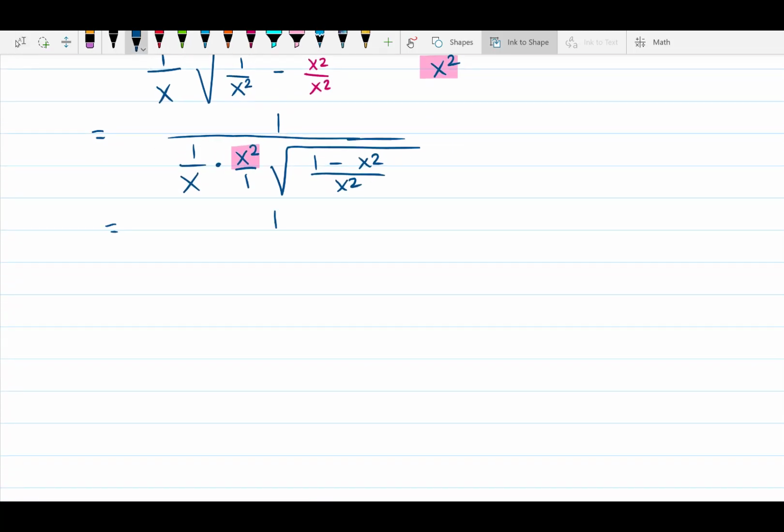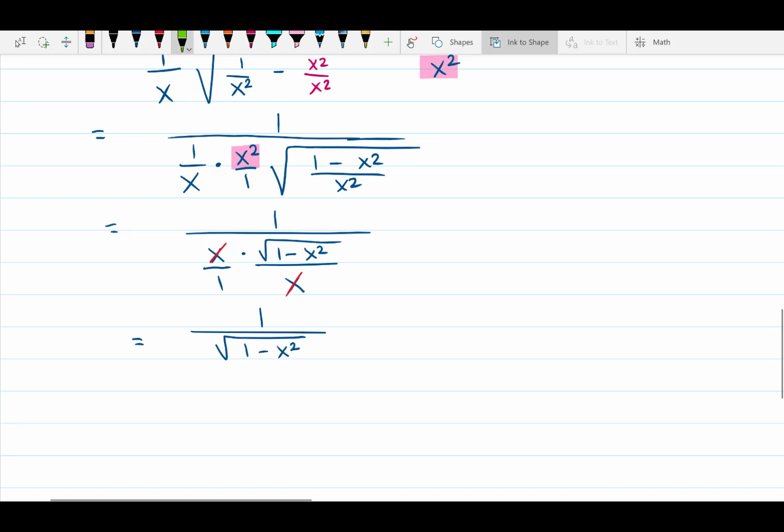So we get 1 divided by x times the square root of 1 minus x squared divided by x. So from here, we're going to notice that these are going to cancel, and we get 1 divided by the square root of 1 minus x squared.